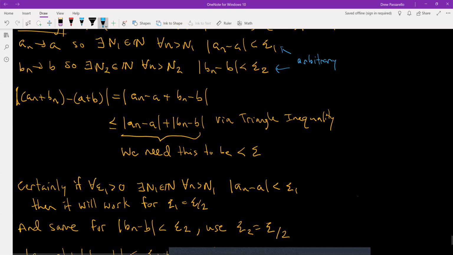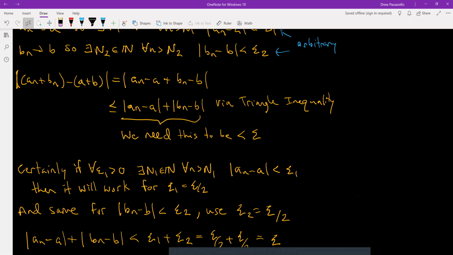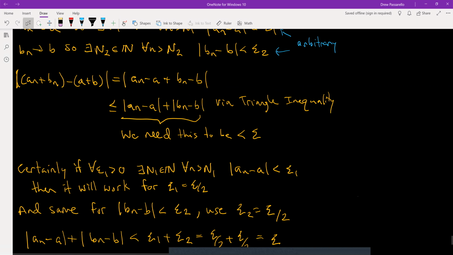All right, so certainly for all epsilon 1, we have that the absolute value of a_n minus a is less than epsilon 1. Since that's for an arbitrary epsilon 1, it'll certainly work for epsilon 1 equal to epsilon divided by 2, where that's the epsilon we're given at the beginning of the proof.